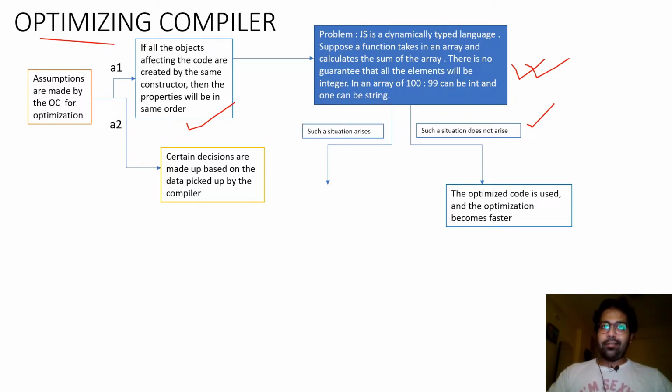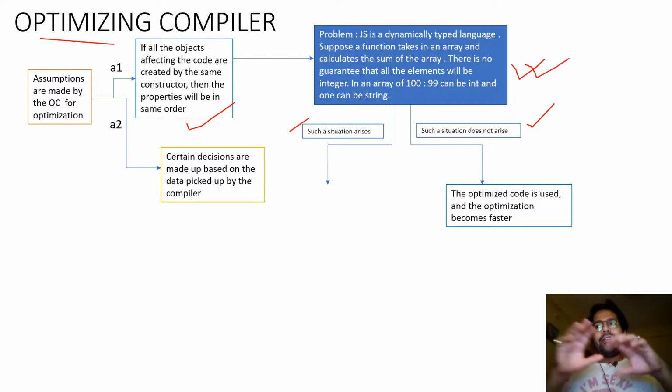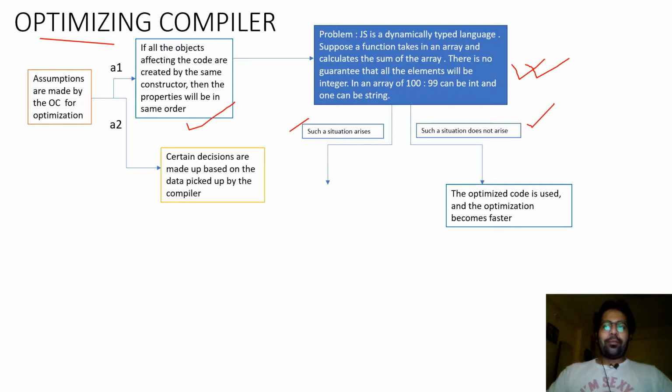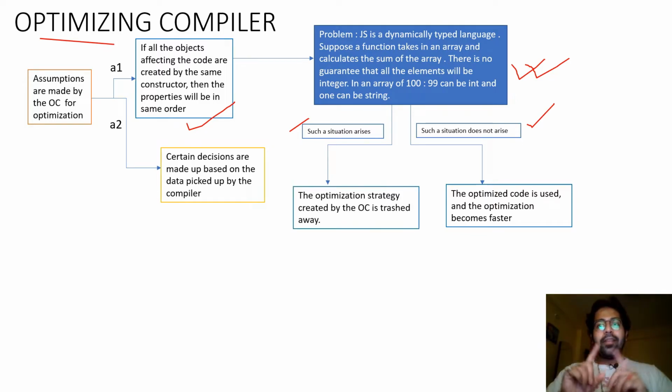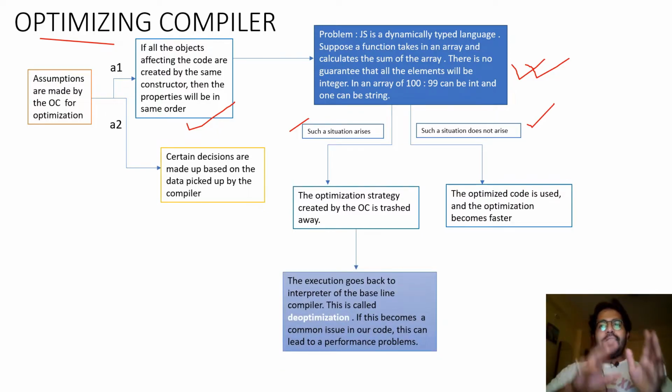Now suppose this kind of situation arises. What happens now? The optimizing strategy which has been made till now just goes for a toss. It is garbage. It has been trashed. The execution goes back to the baseline compiler.